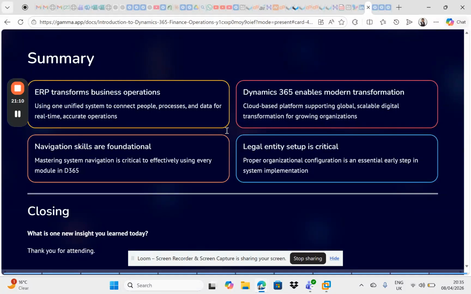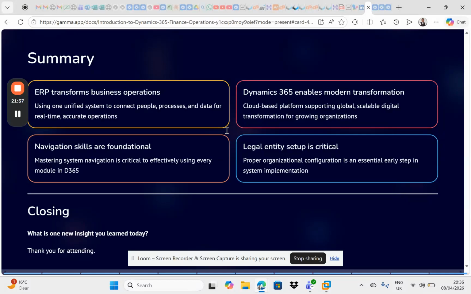Just for context, we have seen how ERP transforms businesses and how it unifies and connects people. We've seen how Dynamics 365 enables modern business transformation with its cloud platform, supporting the scale and transformation of growing organizations.